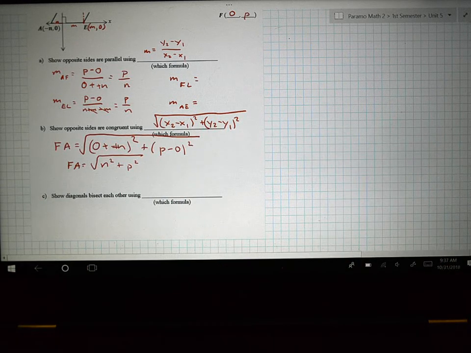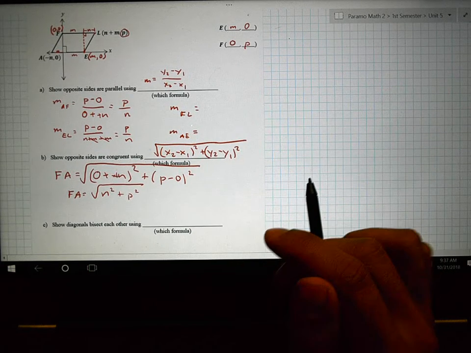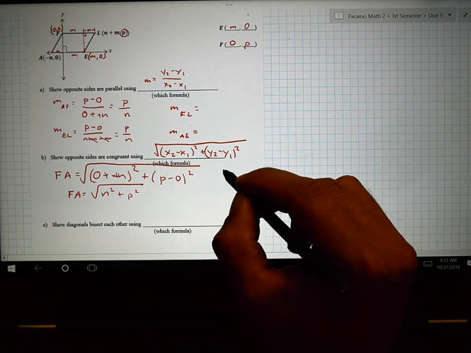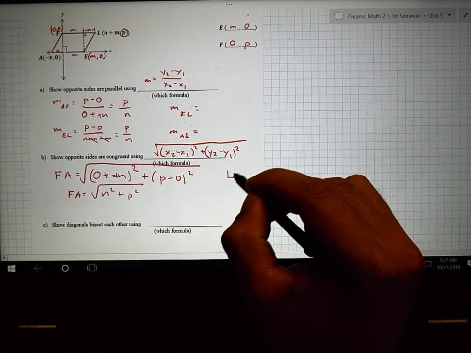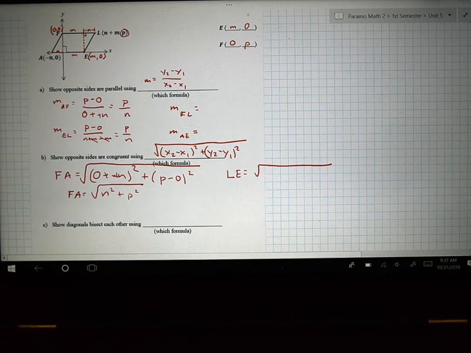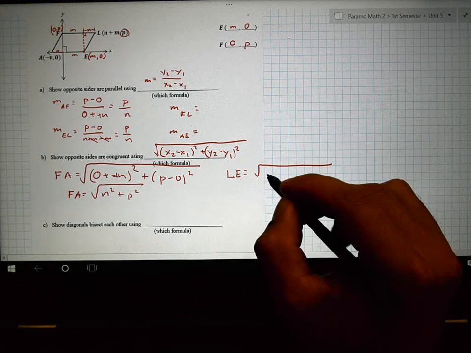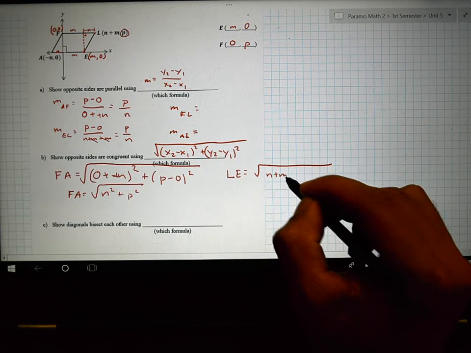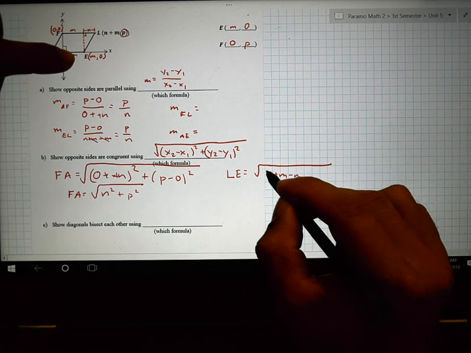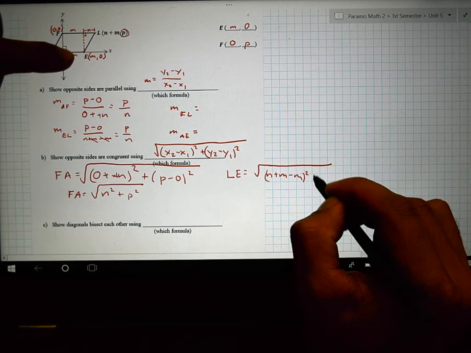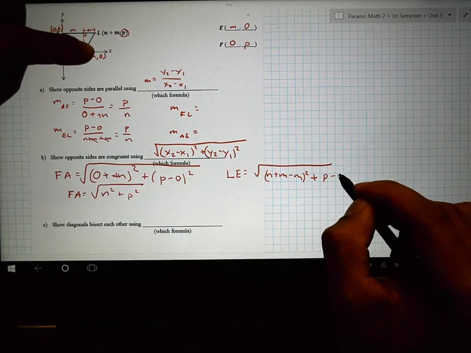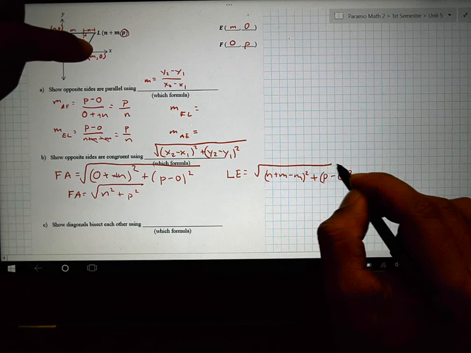We're going to do the same thing for LE. How long is LE? Let's find LE's distance. What I do first, I take my first x and I subtract my second x. Square it. I take my first y, I subtract my second y, put it in parentheses, square it.